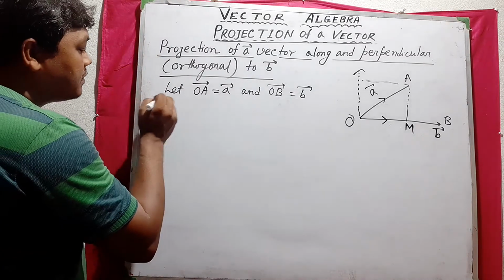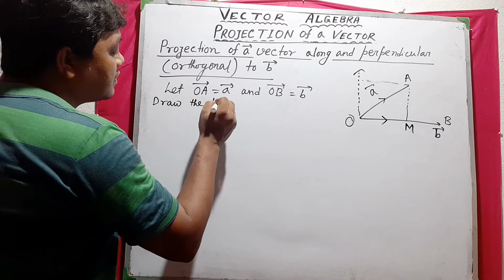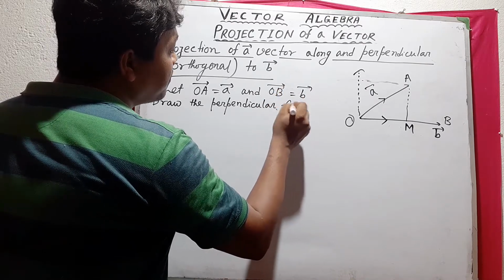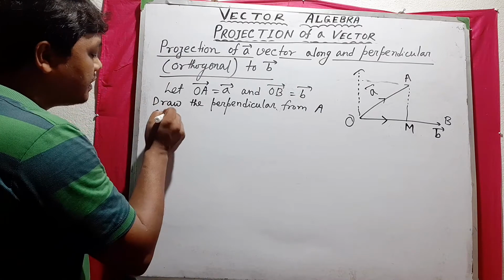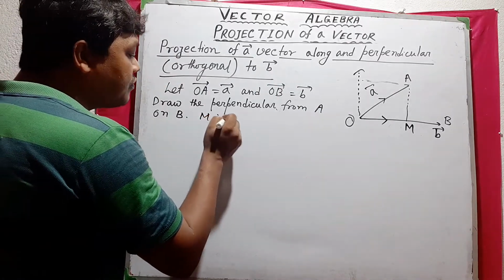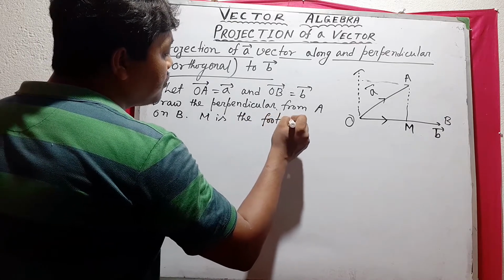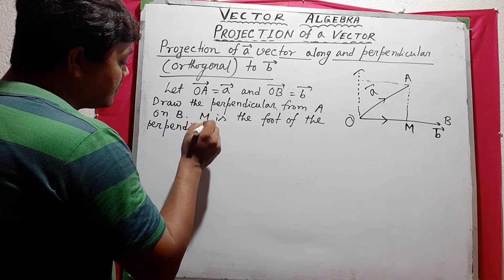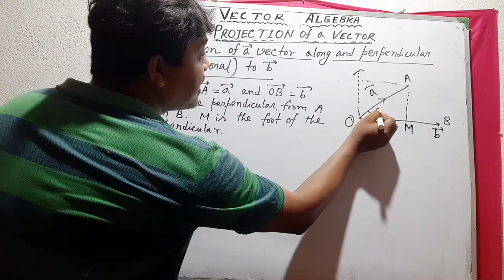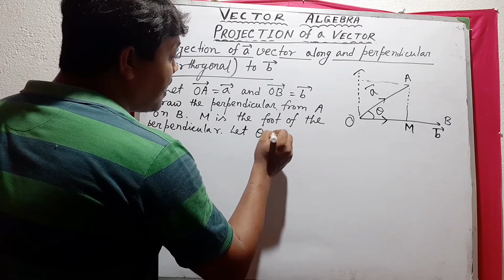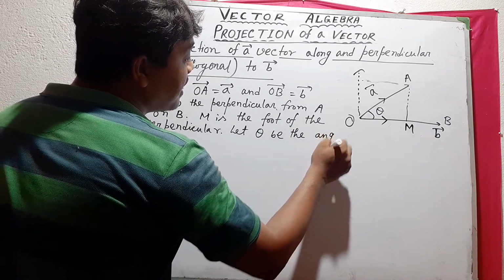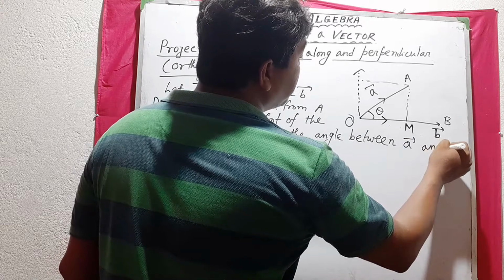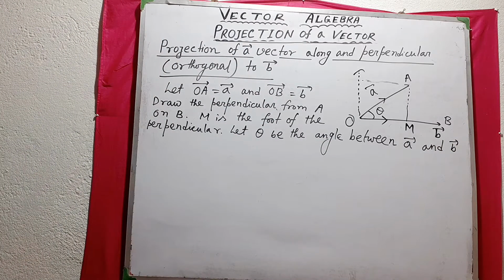So draw the perpendicular from A on B. Okay, M is the foot of the perpendicular, and this is angle theta, and let theta be the angle between A vector and B vector.